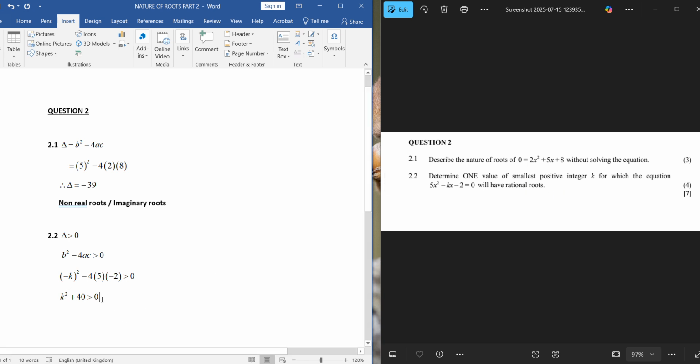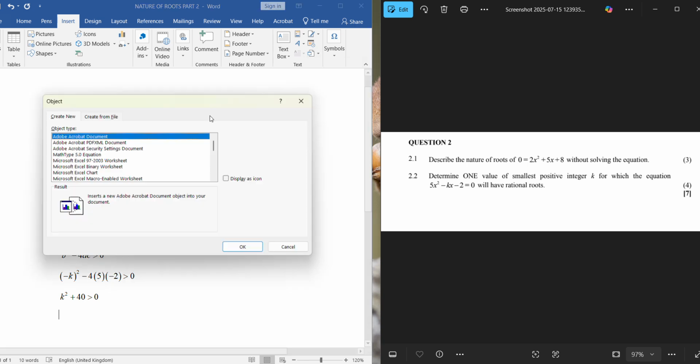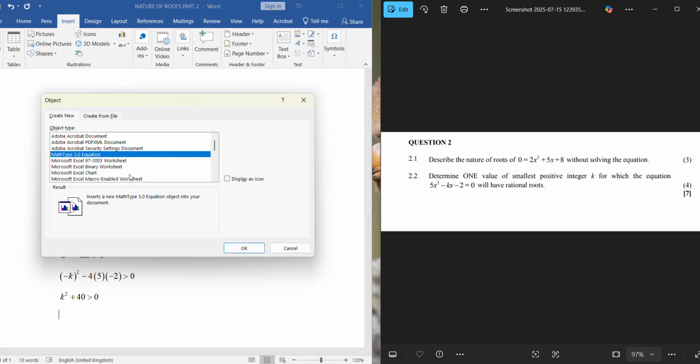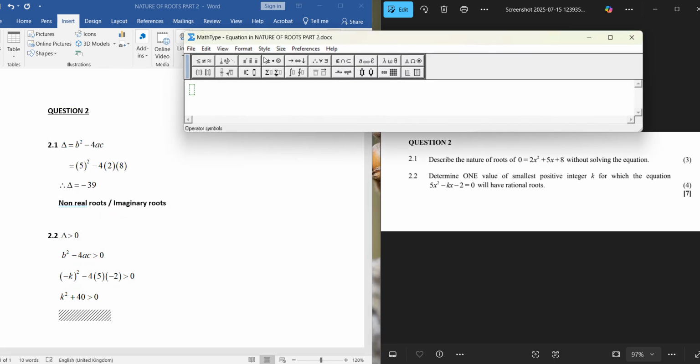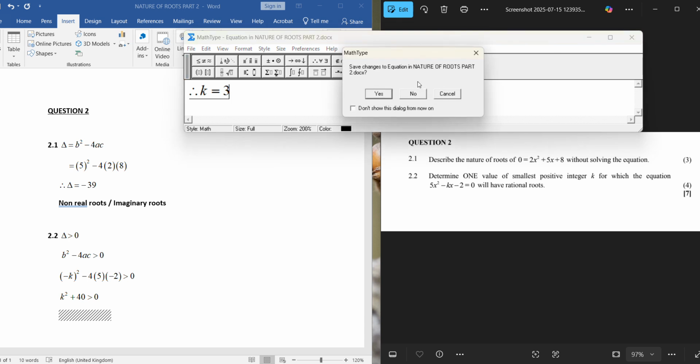Then which value of k is going to give us a perfect square? Then we draw a conclusion to say therefore, k must be equal to positive 3.